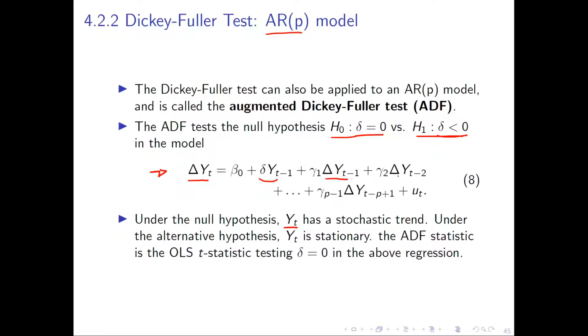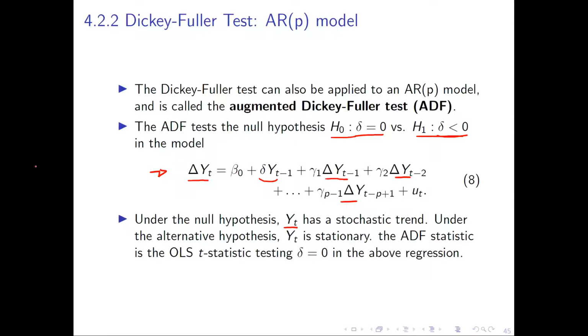So these lagged differences, and you have p minus 1 lags of the differences. So if you have 5 lags in your ARP model, then in the augmented Dickey-Fuller test you have 4 lagged differences, and you have the level here, of course.